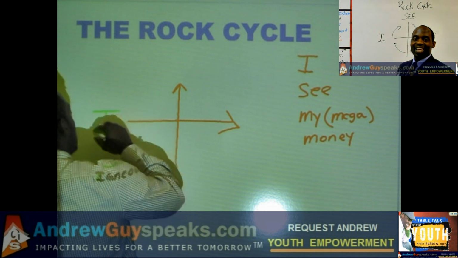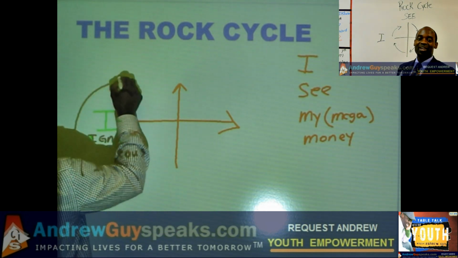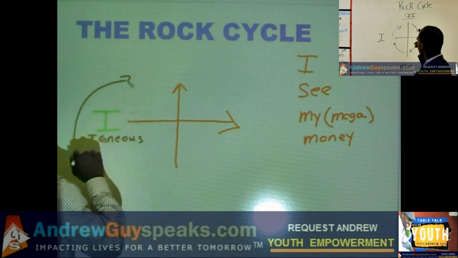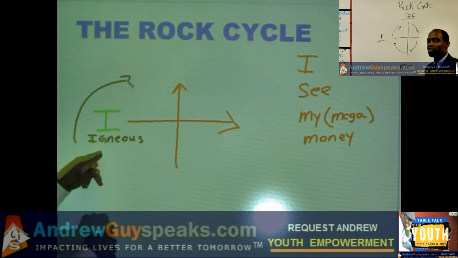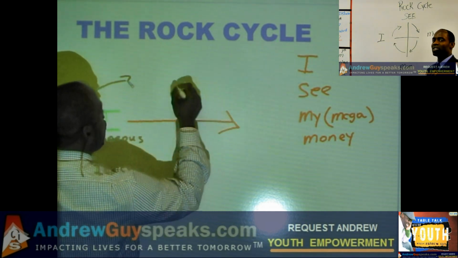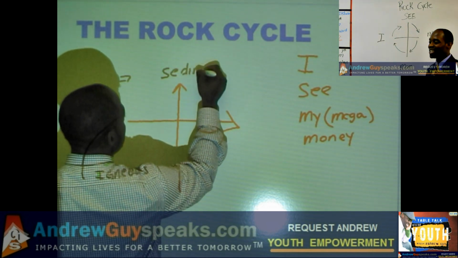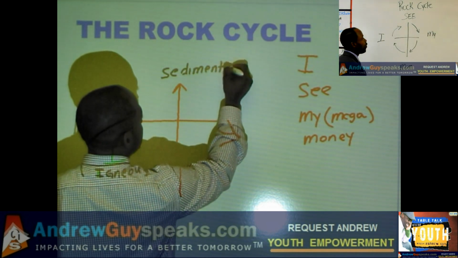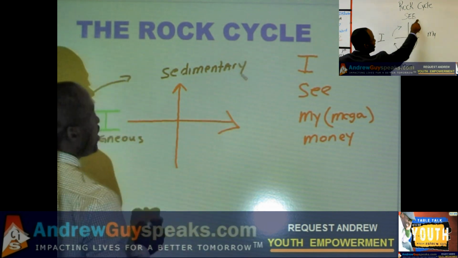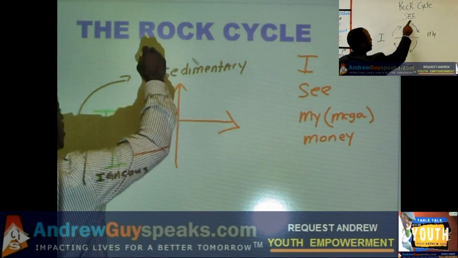Then the next one, my process is going in that direction. My next process is going to be from igneous rock, then we're going to get C for sedimentary. So that's sedimentary rock. And then we're still going that way.